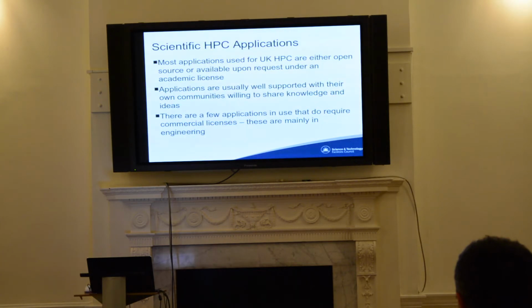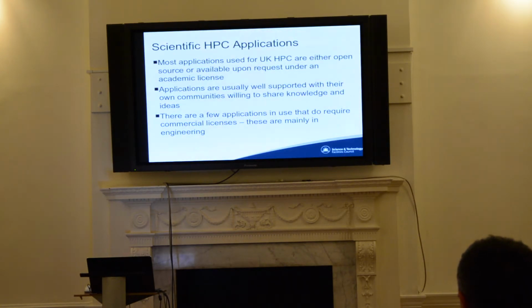There are a few applications, however, that are commercially based, but these are mainly in engineering type areas, such as finite element modelling, structural modelling. Those kind of applications do require a license.